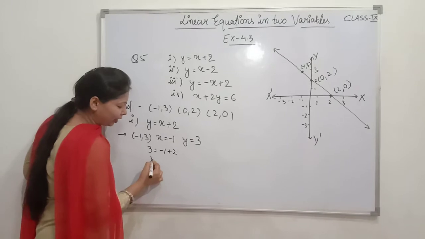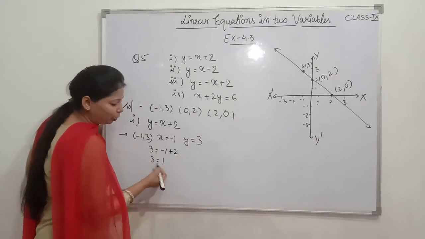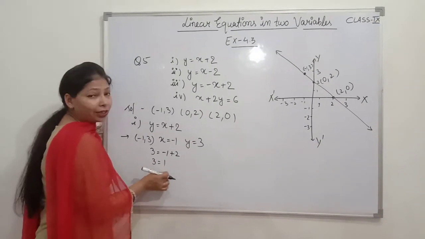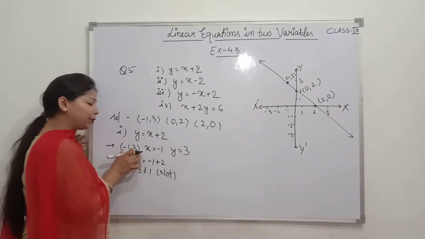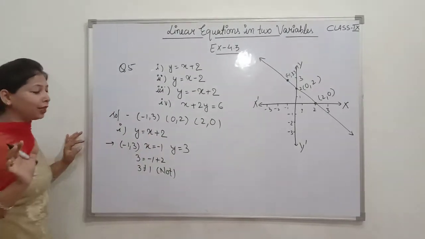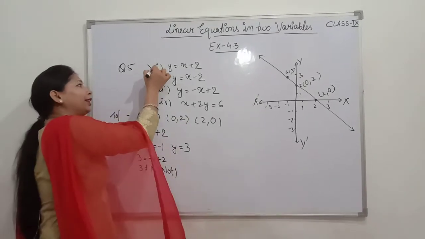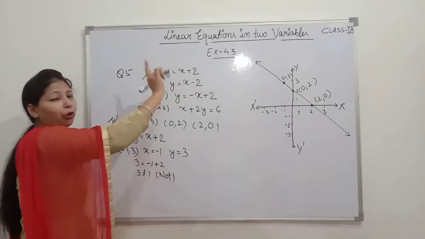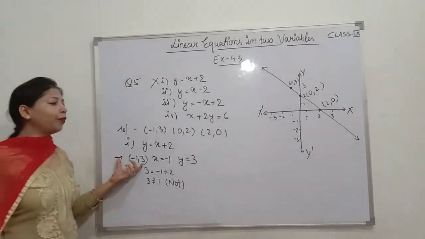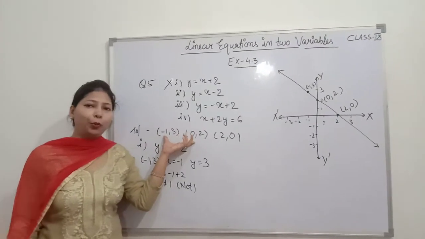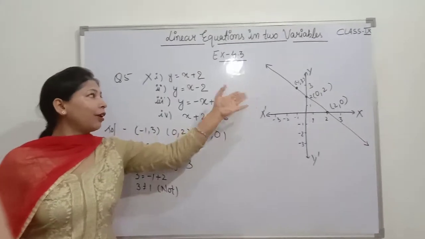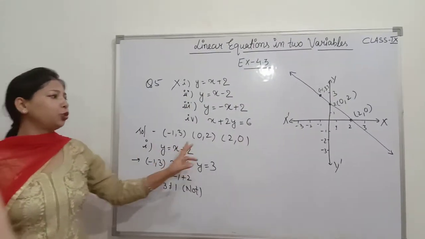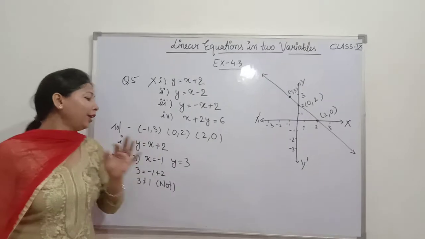Now this can be written as 3 is equal to 1. Absolutely not. We get that 3 is not equal to 1. So that means this point does not satisfy this equation. That means surely this equation does not belong to this graph. If one point does not satisfy the equation, we can say that this graph does not belong to this equation. No need to check all the remaining points.